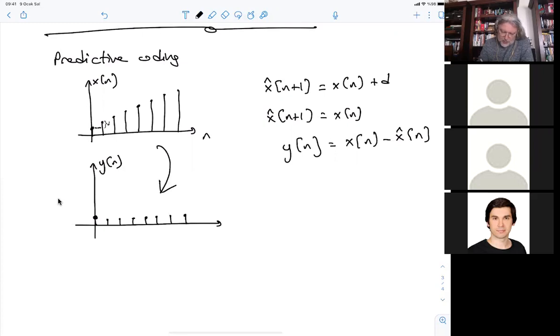So from this one to this one, the prediction makes a change in the input signal. Previously it was x of n, now we have y of n. And this new y of n is a significantly lower energy signal, and we will measure it in two ways.